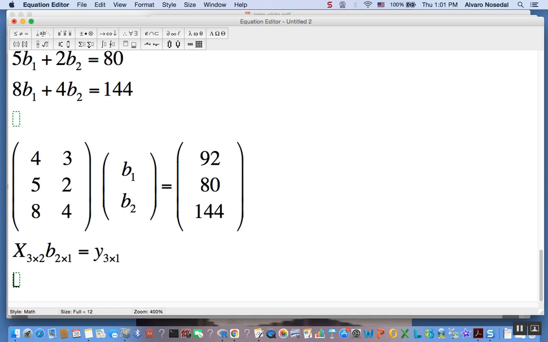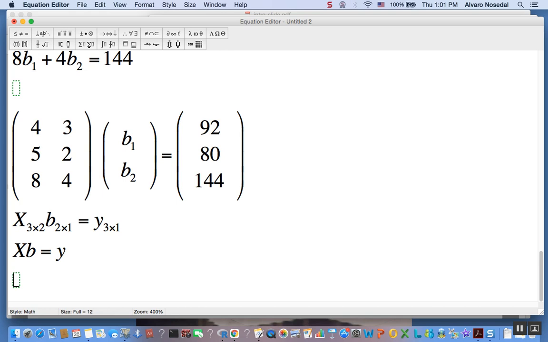Well, what if we pre-multiply that equation Xb equals y by X transpose?